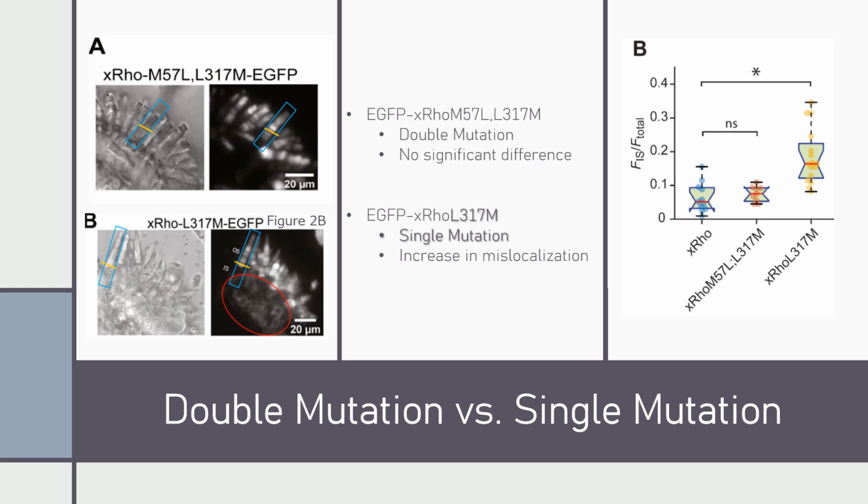This suggests that the key factor in proper rhodopsin transport is the hydrophobic interaction between H8 and TM1, rather than the specific amino acids present. As long as the hydrophobic interaction is maintained between helices, rhodopsin localizes correctly, regardless of the specific amino acid present. This helps explain why rhodopsin transport works properly across different species, even with amino acid differences.